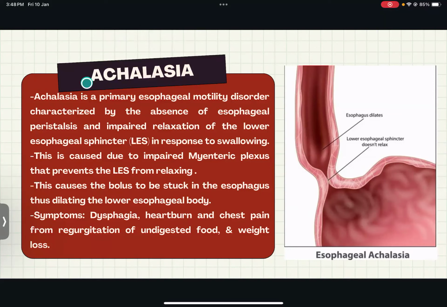The acid should stay in the stomach, because the epithelium and the structure of the stomach are built to endure this acid. However, the esophagus is not. So if the acid regurgitates to the esophagus, it will cause this heartburn sensation and inflammation, and in the long term, it will cause cancer.